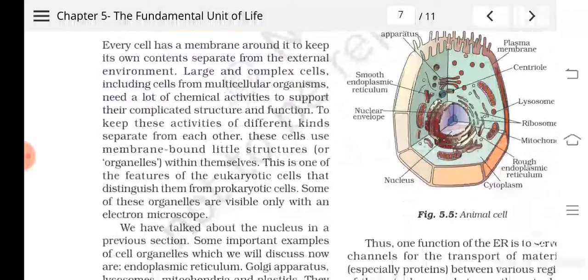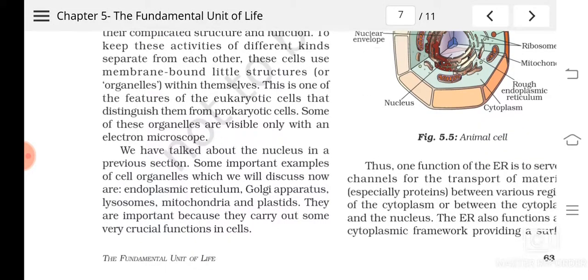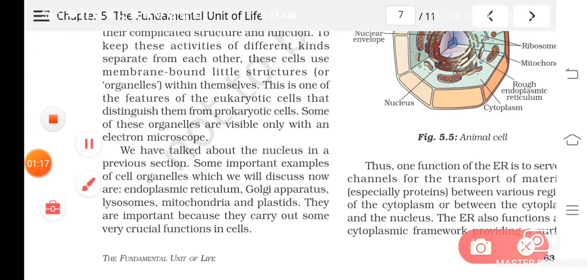Cell organelles are the smaller units of cells which are needed for doing different functions. Some examples of the cell organelles are endoplasmic reticulum, Golgi bodies or Golgi apparatus, lysosomes, mitochondria, plastids, etc. You can see them in the cytoplasm, and the nucleus will also be there.